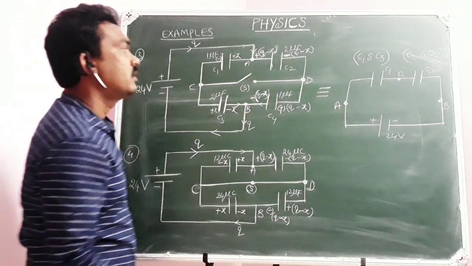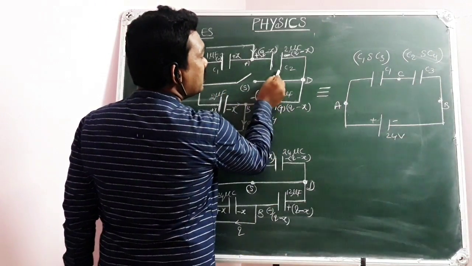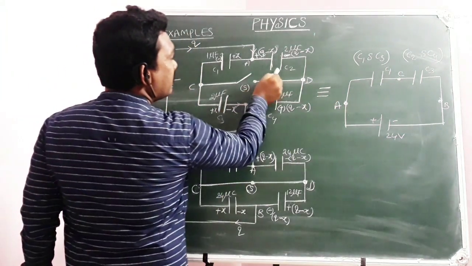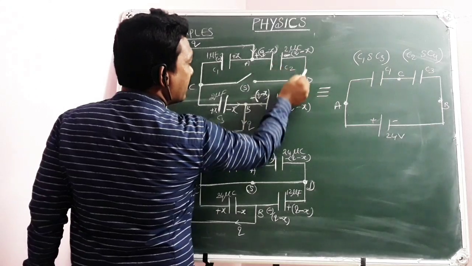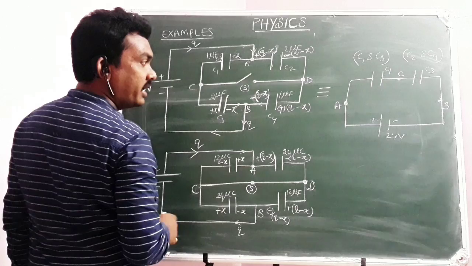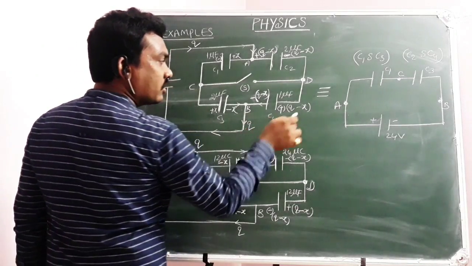Next point, look at this. C2, C4 are in series, but C2 is connected in between A and D, AD, and C4 is connected across BD.